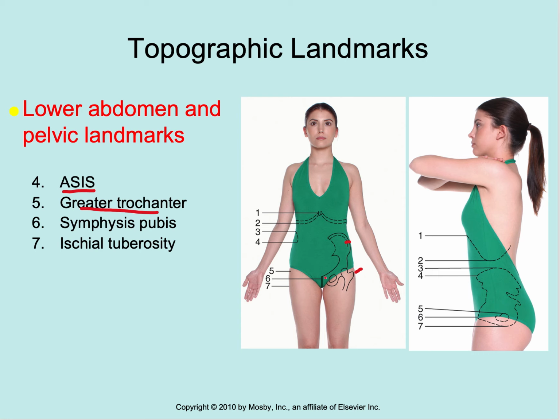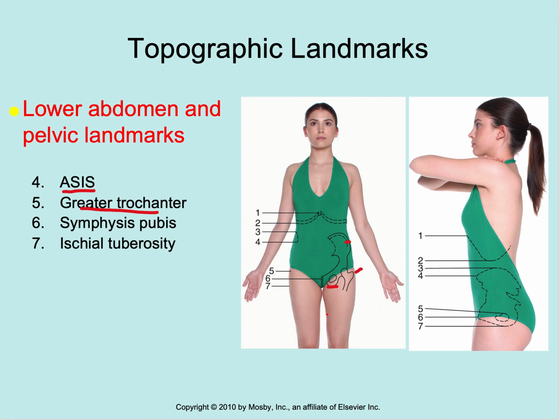Your symphysis pubis is number 6. 7 is your ischial tuberosity, which is here. Your ischial tuberosity is not palpable. Your symphysis pubis is a palpable landmark. We just do not palpate for it. Our greater trochanter is palpable, and we can palpate for that greater trochanter.